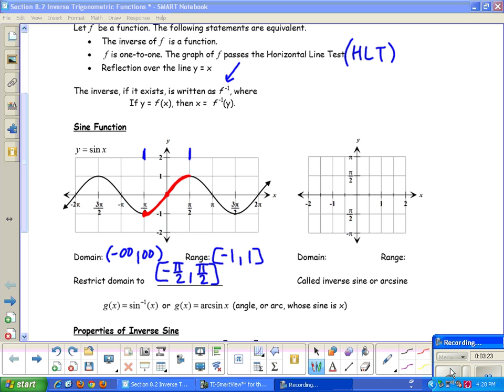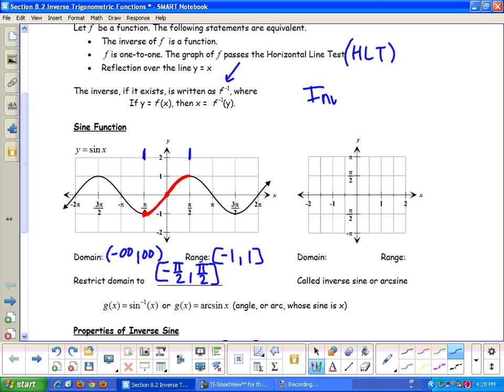Now that I have my restrictions, I can graph my inverse equation. For the inverse, I switch my x and my y. So my inverse would be x is equal to the sine inverse of y. That means I'm going to take these x and y coordinates and switch them and graph them over here.